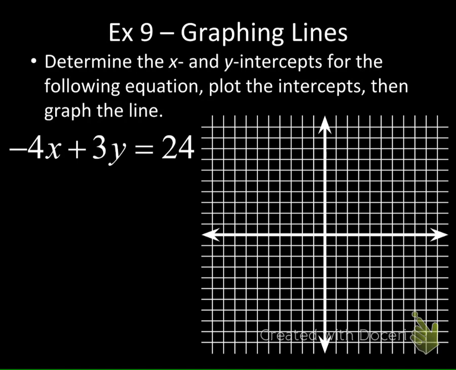So, example number 9, the equation we're going to use is negative 4x plus 3y equals 24. The directions say determine the x and y intercepts for the following equation, which we did example number 1 and 2 today. And then we're going to plot the intercepts and then graph the line, which we did example 6, 7, and 8. So, here we go.